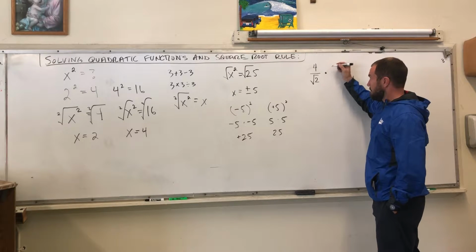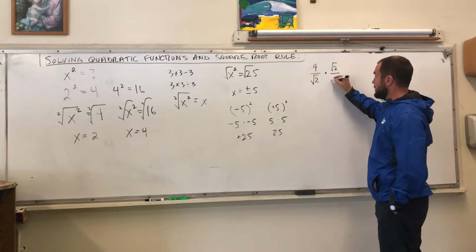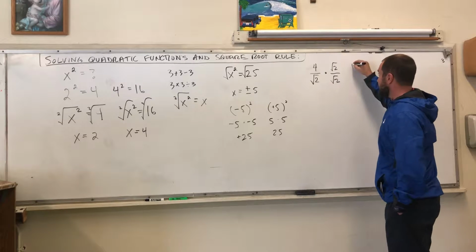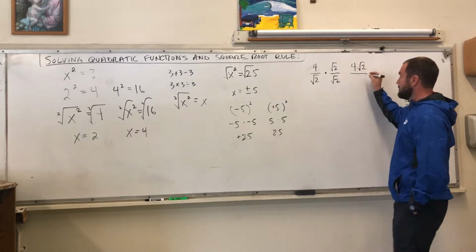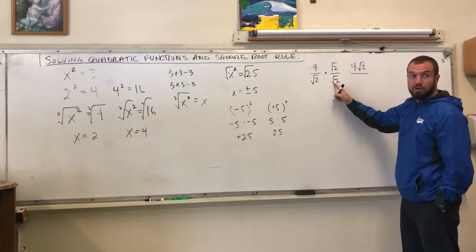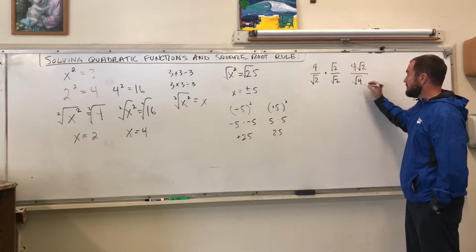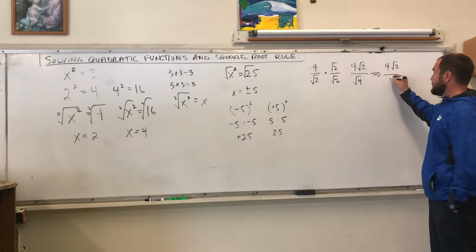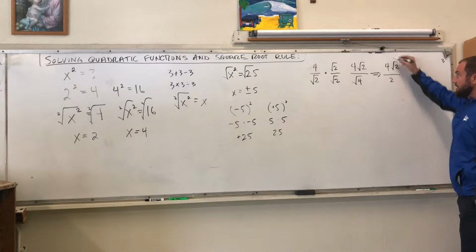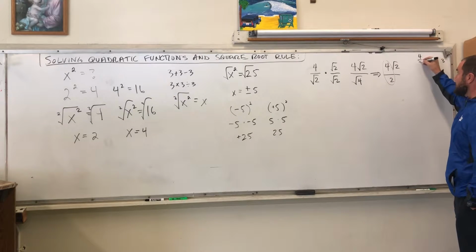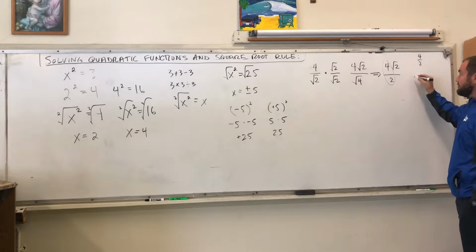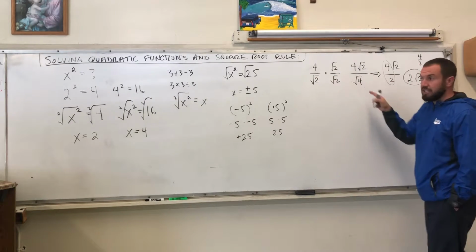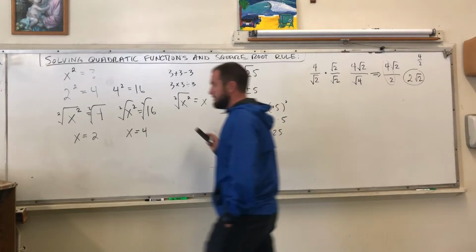So what we want to do is conjugate and get the square root off the bottom. So I multiply across by square root of 2. Square root of 2 times square root of 2 is actually square root of 4, and square root of 4 is 2. So you actually end up with 2 on the bottom. This I can reduce like it was 4 over 2 as a fraction. So actually I can reduce this to 2 square root of 2. This is a good fundamental to know because you're going to see this when we go over some examples.